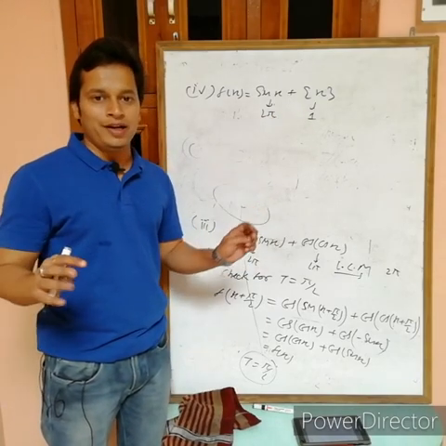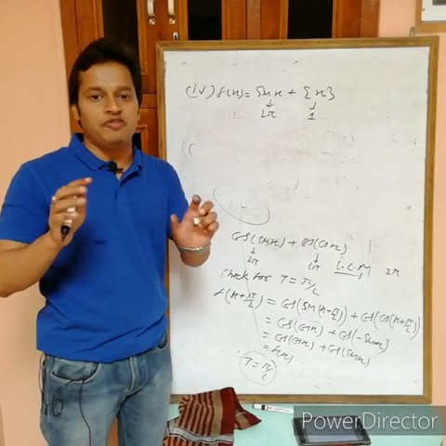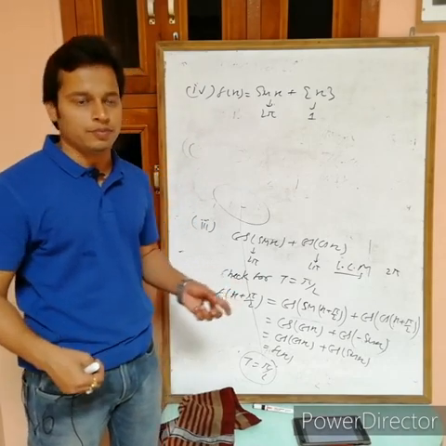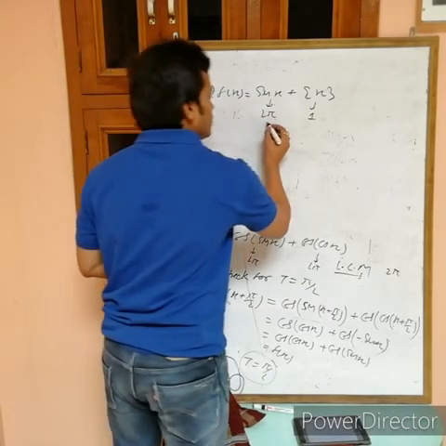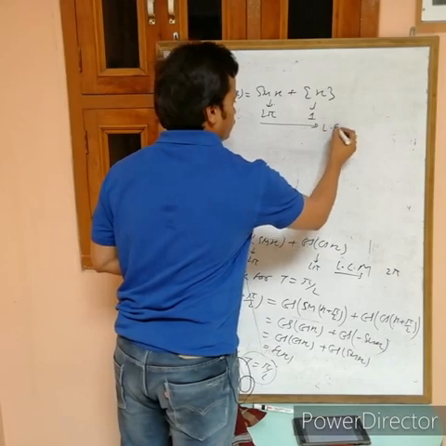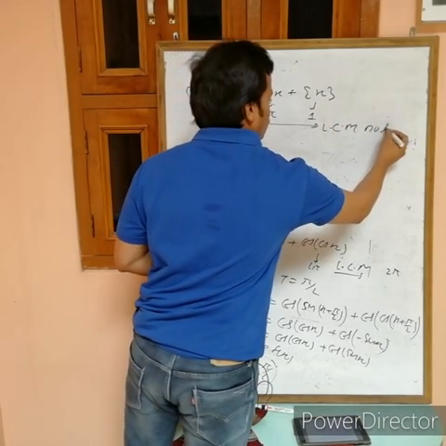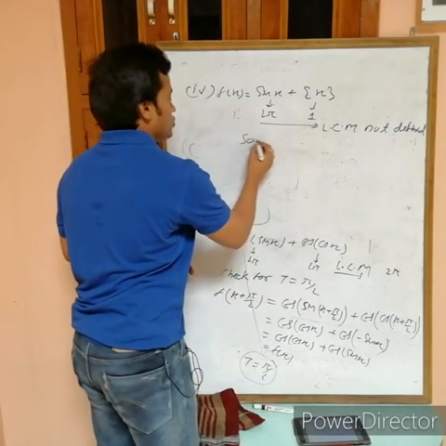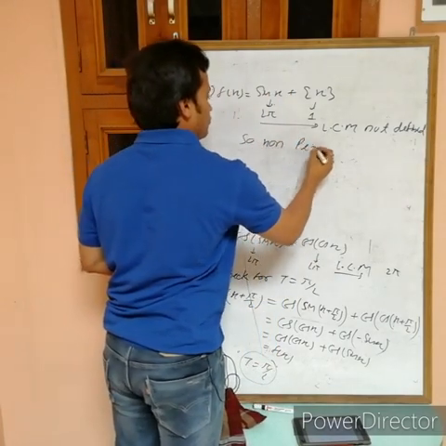LCM is only defined if both are the same type of quantity, not when one is rational and the other is irrational. Then LCM is not defined. So LCM not defined, so it is a non-periodic function.